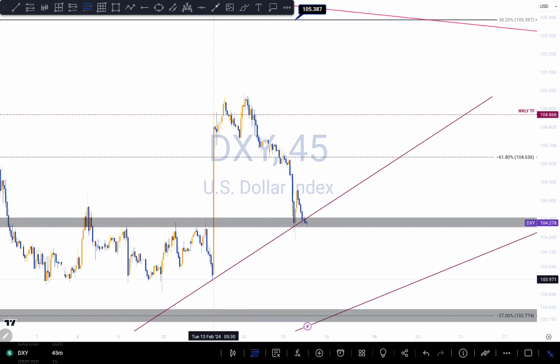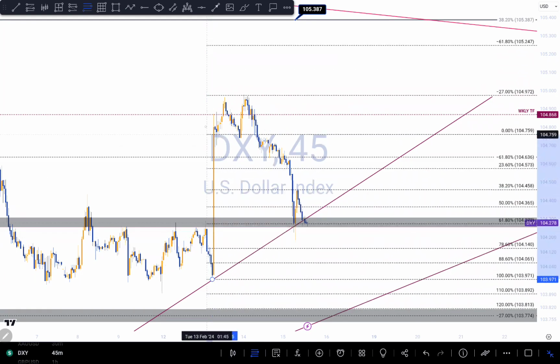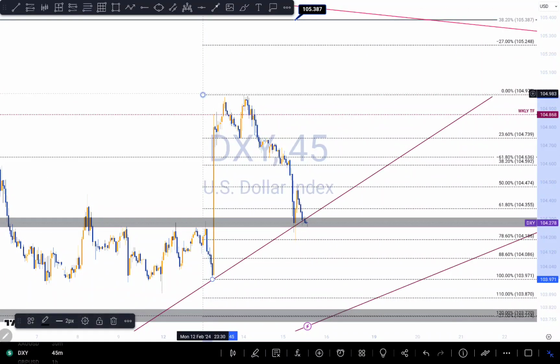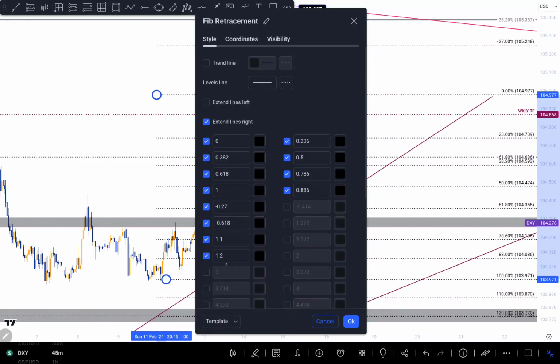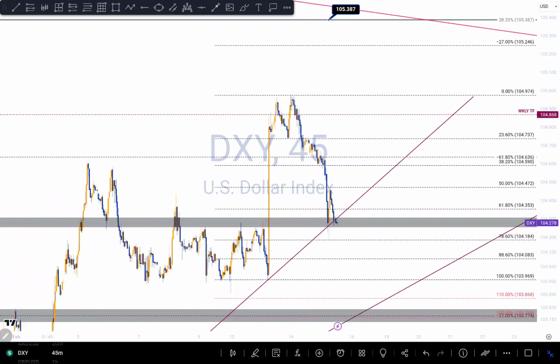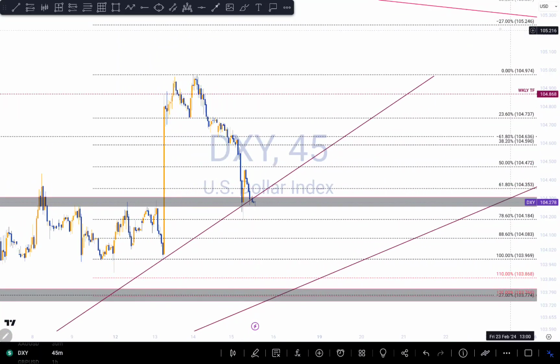So if you're going for a buy, I would like this to be point A to point B right here. Using my fib level, we can see that we are currently in a correction, reacting around my 78.6% fib level.